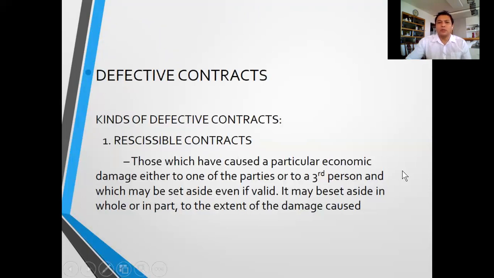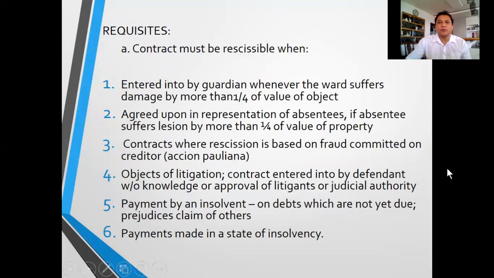So what are these defective contracts? There are 6 kinds of defective contracts. Number 1 is when the contract is entered into by a guardian and the ward suffers damage or lesion by more than 1/4 of the value of the object or property.